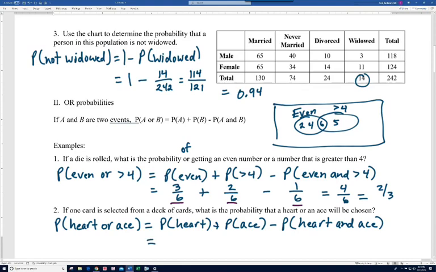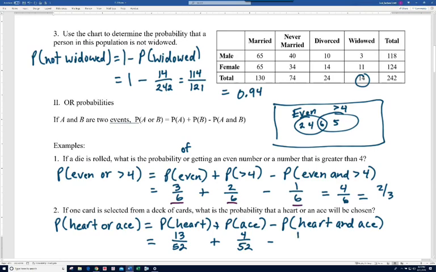And so the probability of getting a heart, well, there's 13 of each suit, 13 hearts. So the probability is 13 out of 52. By the way, we want to keep our fractions not reduced. We want them to all have the same denominator so the arithmetic's a little bit easier. The probability of getting an ace, well, there's 4 aces out of the 52 cards. Minus the probability of basically getting the ace of hearts.